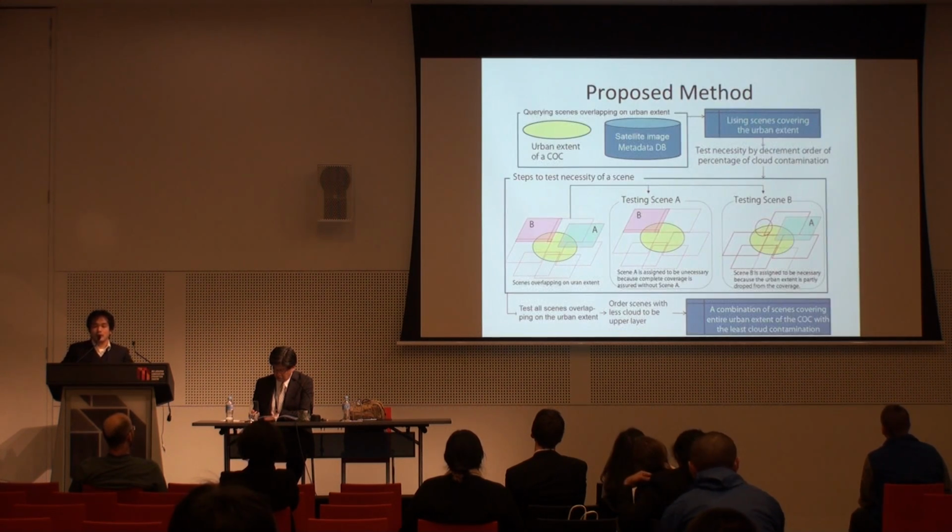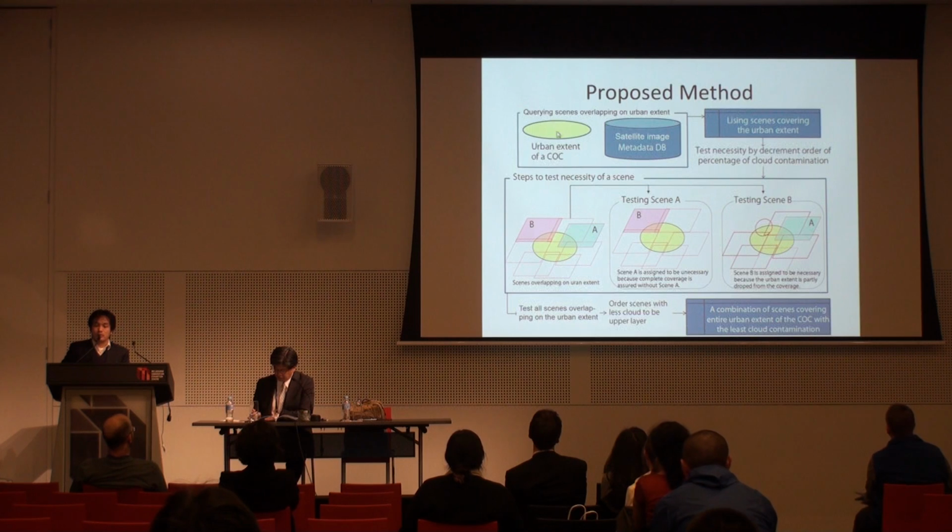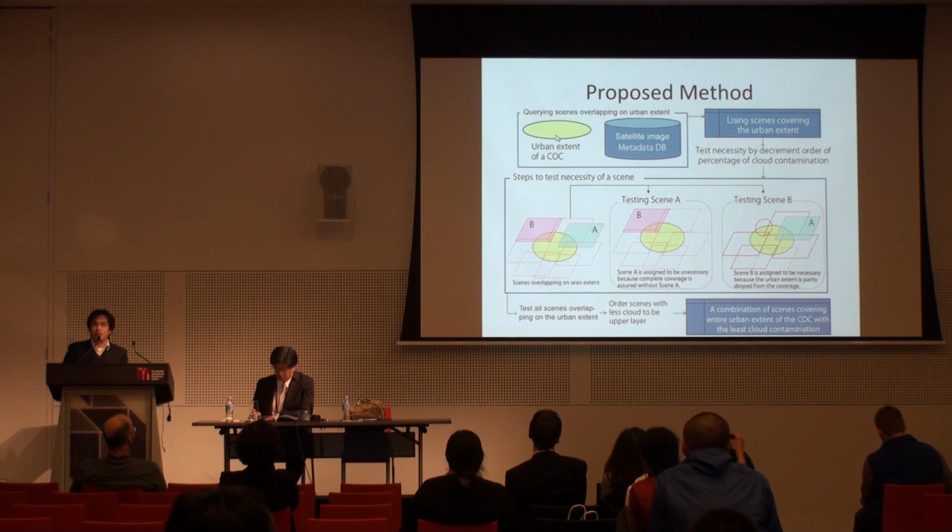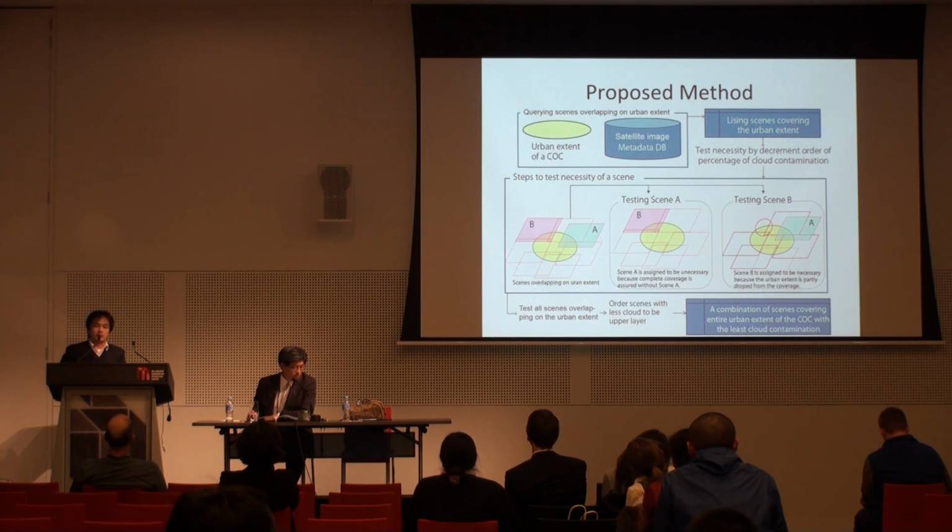Then I will explain the overview of the method. Firstly, I defined an urban extent for each city, for example Tokyo or Melbourne or Beijing, for over 3,000 cities over the world. Please find the details about the definition in my paper.